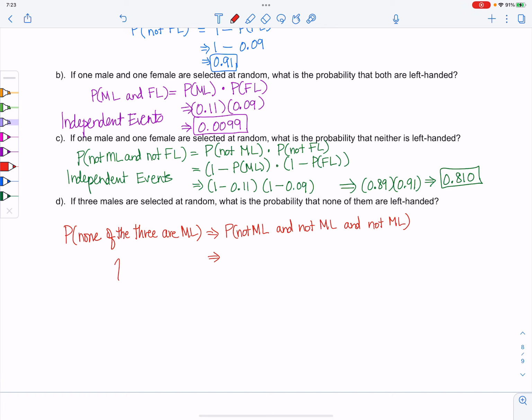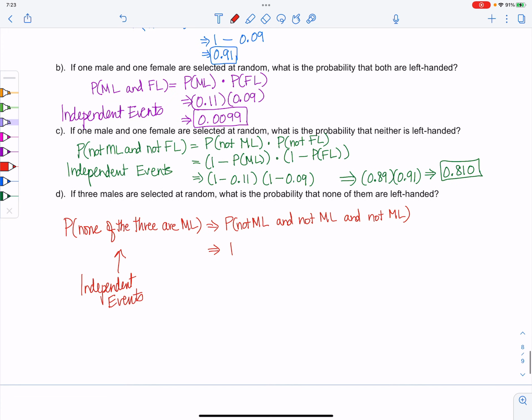Because these are independent events, this will be the probability of not male left-handed times the probability of not male left-handed times the probability of not male left-handed, again only because they're independent events.